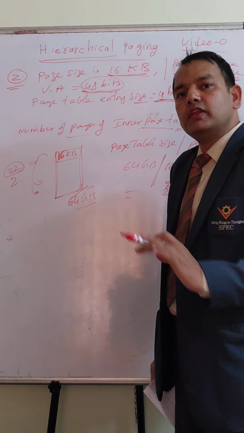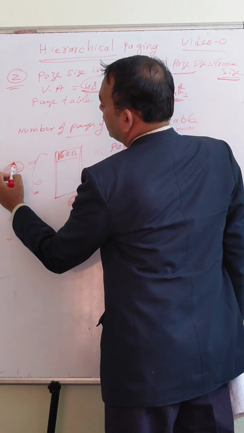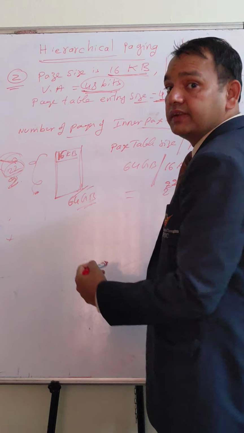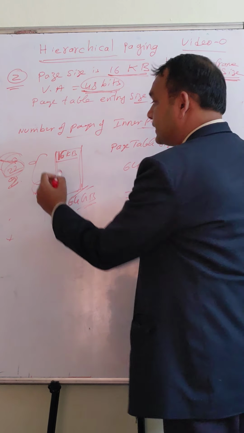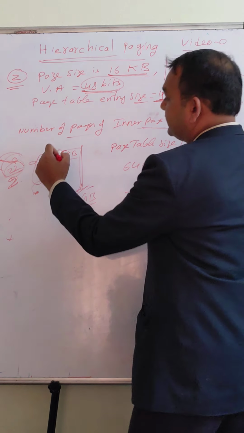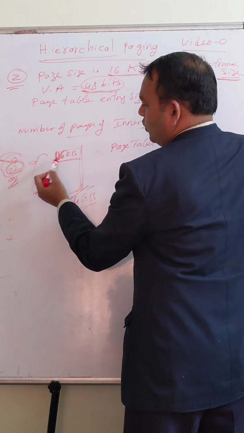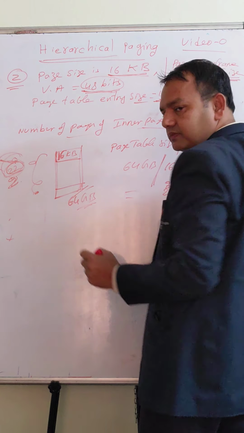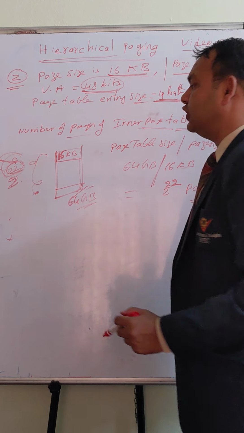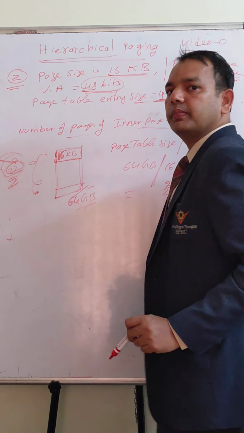Now we'll store these 2 power 22 in the outer page table. These 22 bits, right? We need to go to any particular page. 22 bits we require. Using 22 bits, you are going to reach any one of the pages. After reaching, we need an offset to go inside the 16 KB.